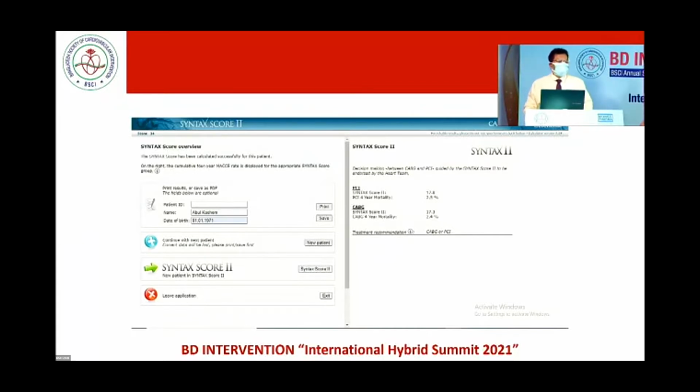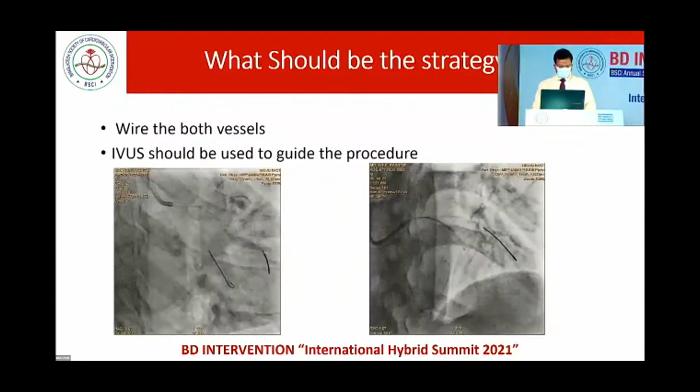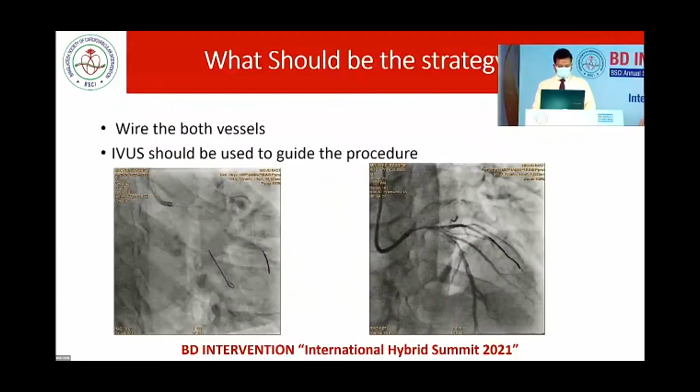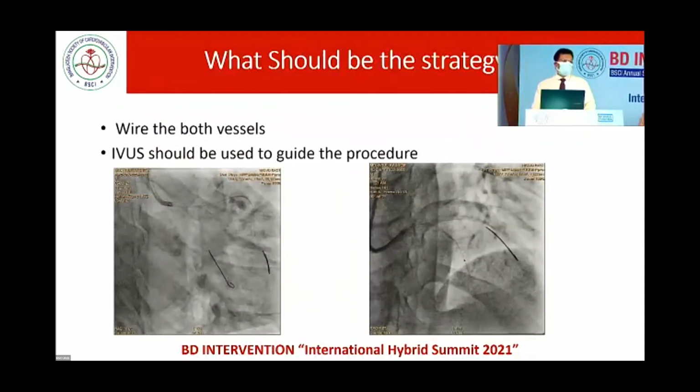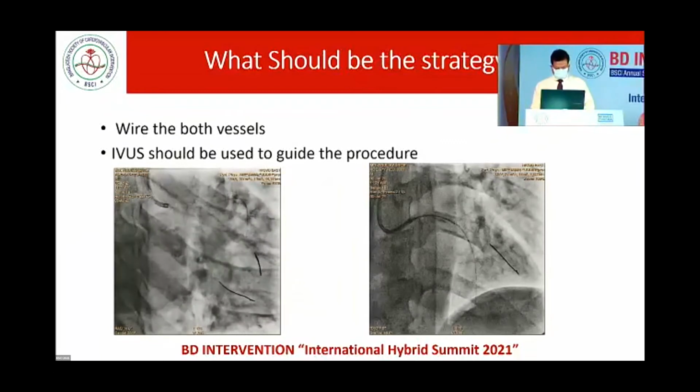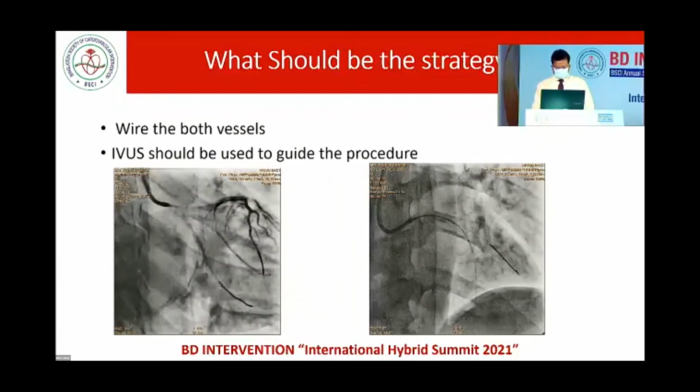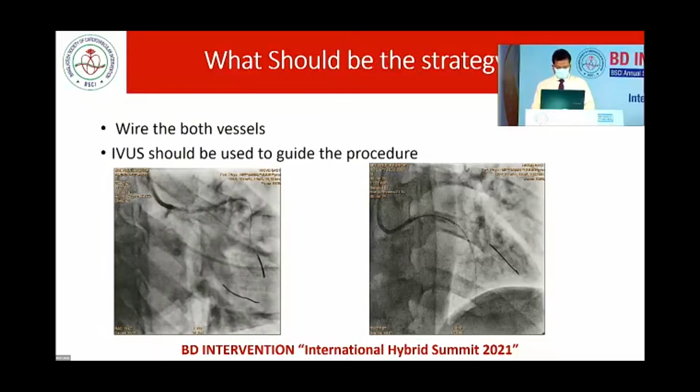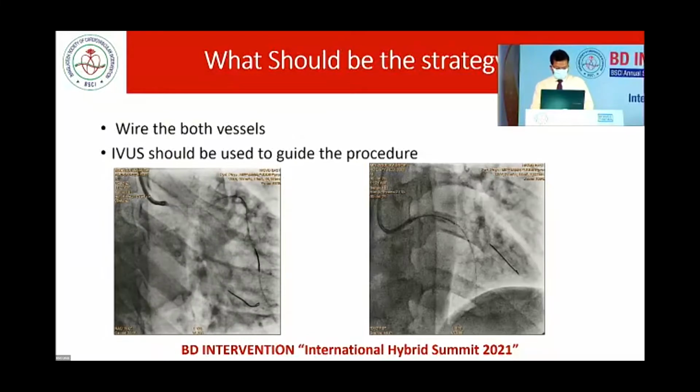During angioplasty, I parked a floppy wire into the LAD as well as in the left circumflex, and I am seeing by pullback IVUS from LAD to left main as well as from left circumflex to LM.